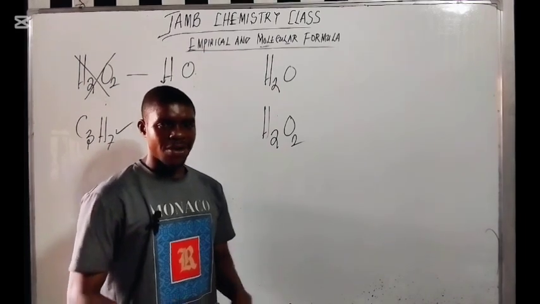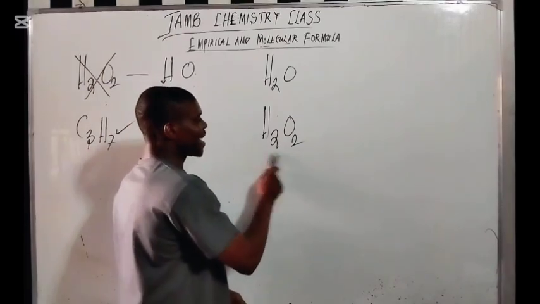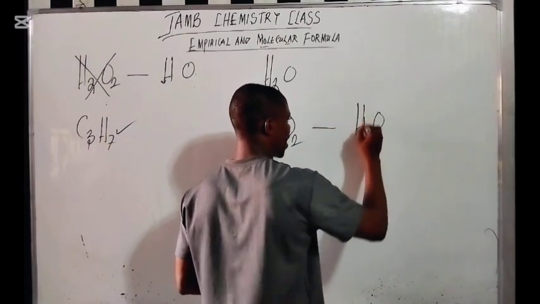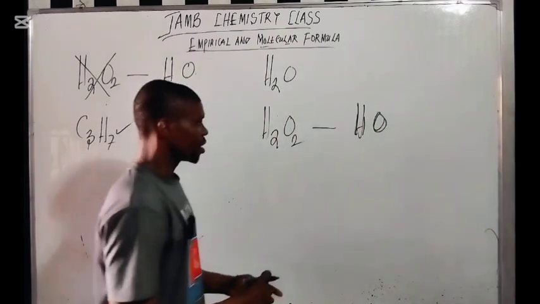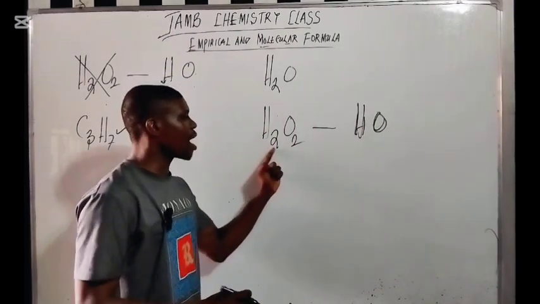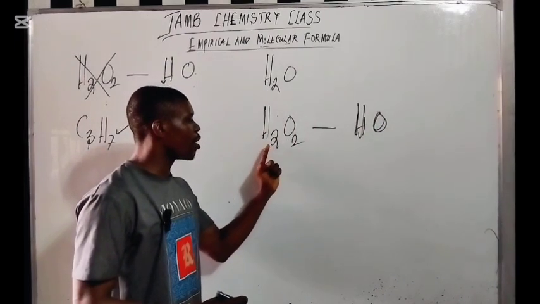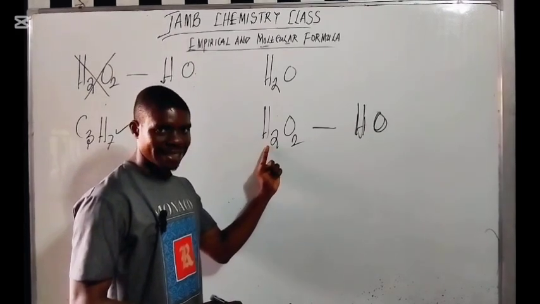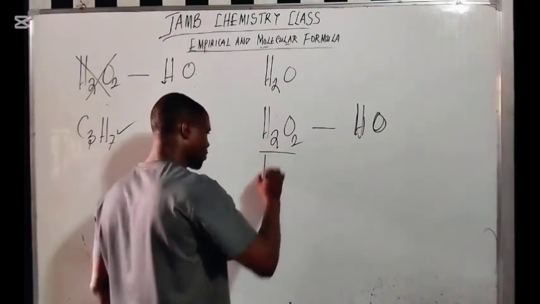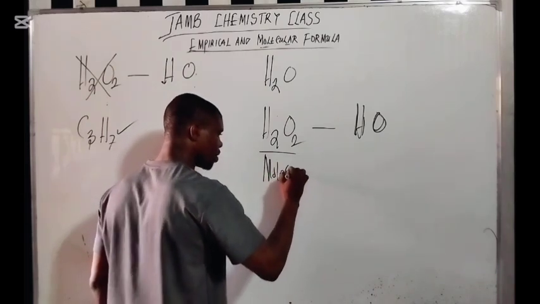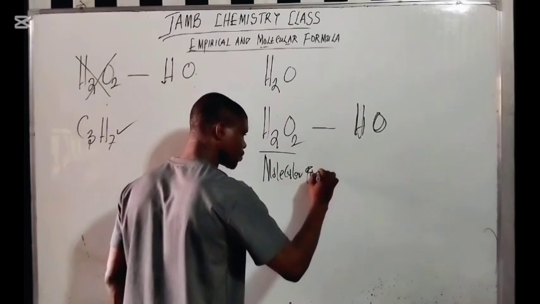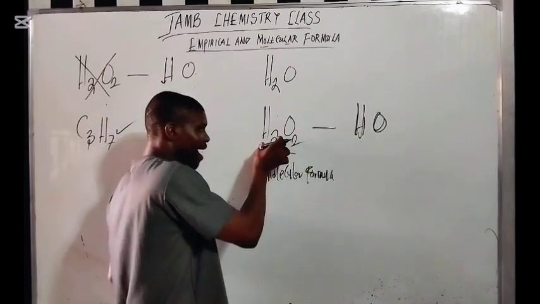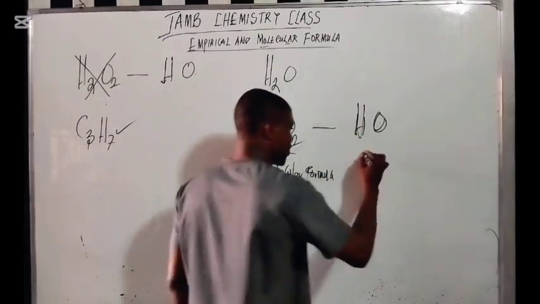This can be split down to HO. HO is the simplest whole number ratio of each of the elements of the compound, so it is the empirical formula. The actual number of atoms, H2O2, is the molecular formula of this compound. And from it you get the empirical formula, HO. This is the empirical formula.